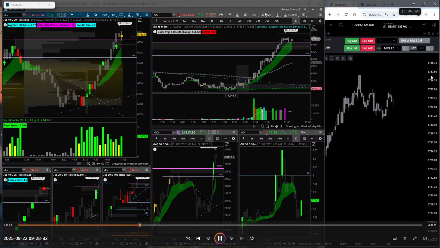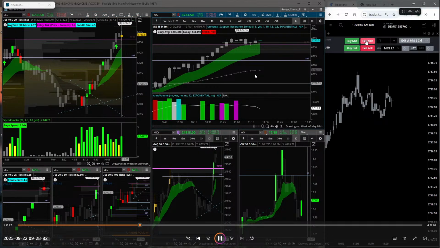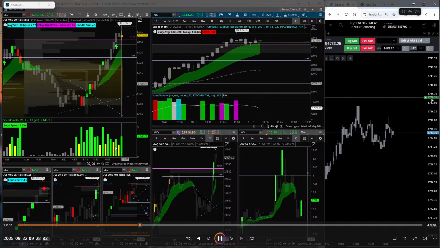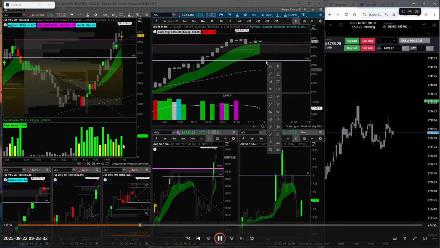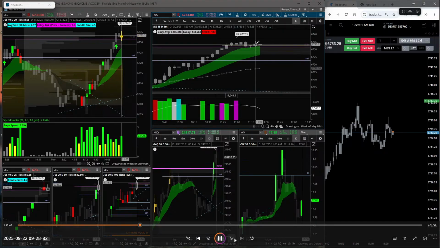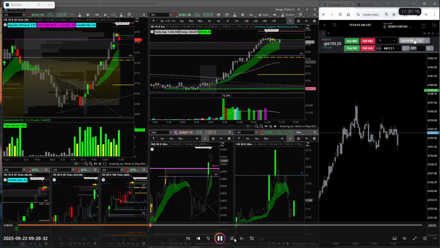But this absorption here, we're holding. Yeah, we got the hammer and hammer here, but volume never died out, right? Let's continue higher. Volume never died out. More volume and price is still building here.